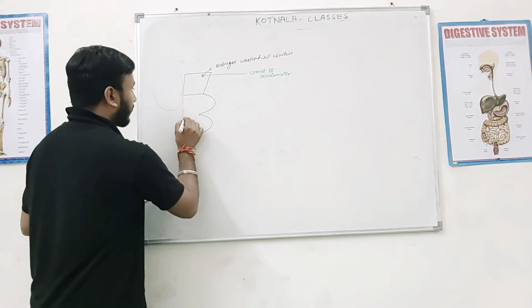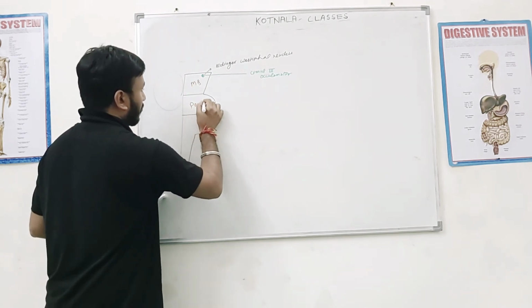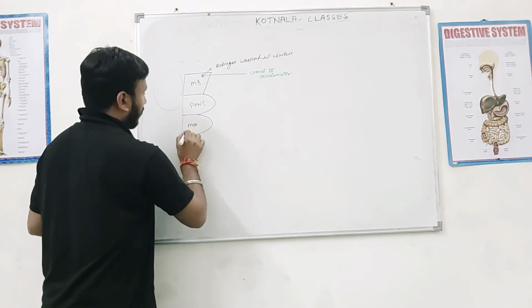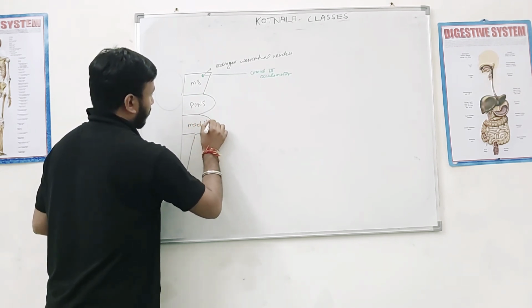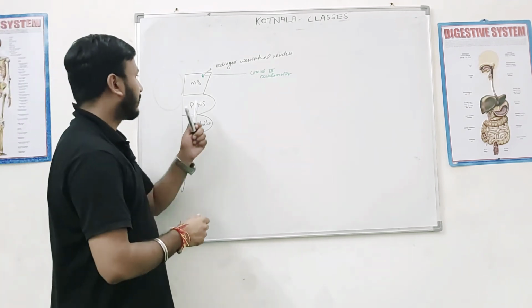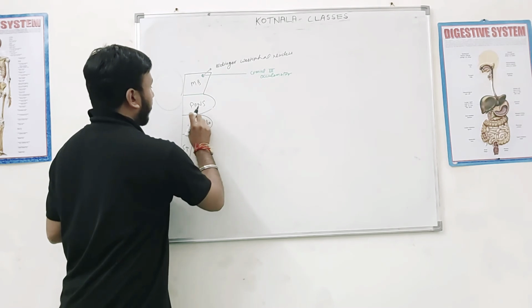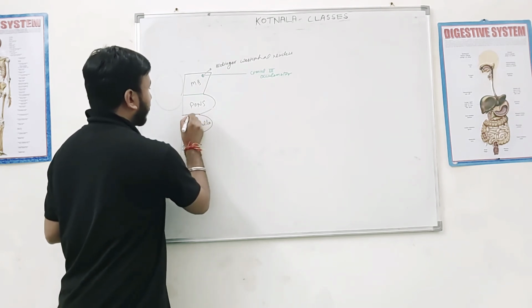And cranial nerve 7: this is the midbrain, this is the pons and medulla oblongata, and of course the spinal cord over here. Cranial nerve number 7 comes from the pontomedullary sulcus, from the front of the pons.